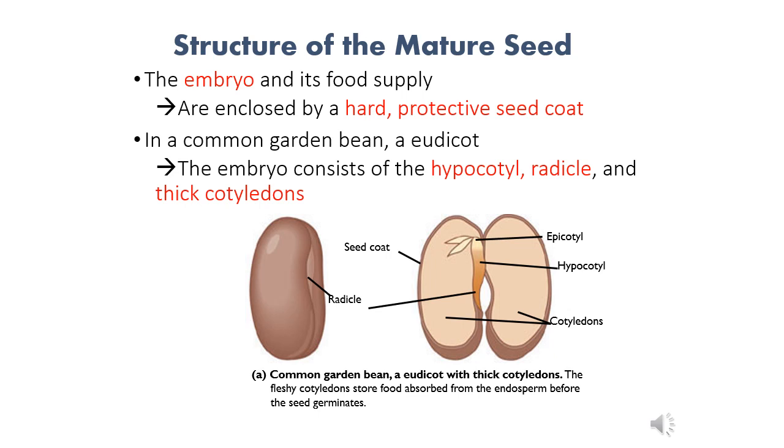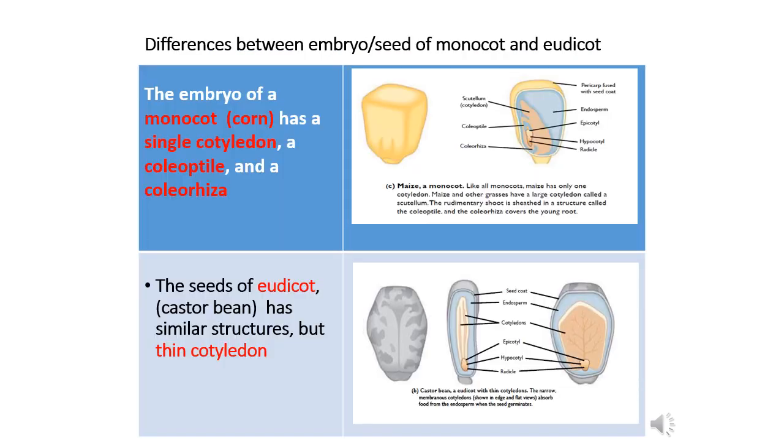So in a eudicot or dicot, usually the embryo, which is the seed, consists of tiga benda ni. Hypocotyl, which is the one here, nearby inside here. Radicle, right, which is the hole here. And then also the thick cotyledon. So, difference between monocot and eudicot.